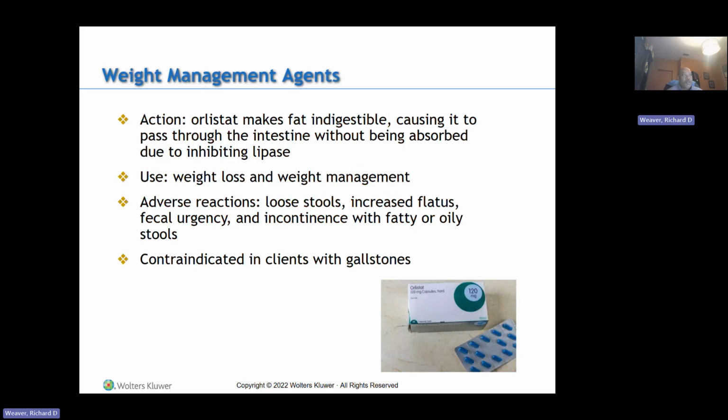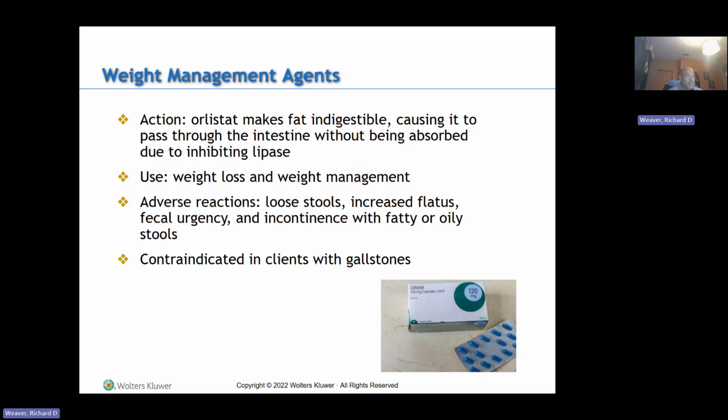So in other words, if you prevent lipase, which is produced in the pancreas, from working, then it cannot break down the fat in the intestine, and therefore you will excrete it in the stool, not absorbing the fat. They use it for weight loss and also weight management.